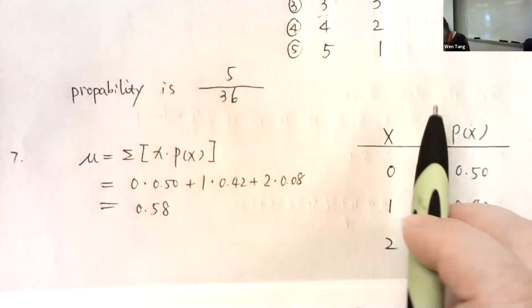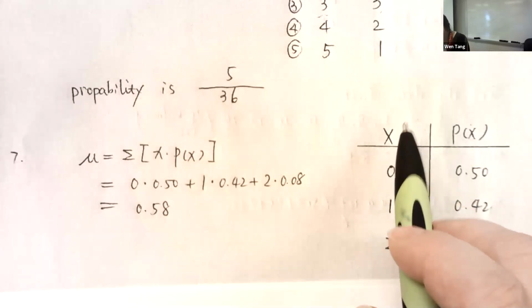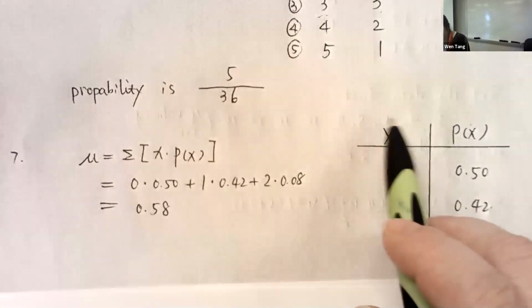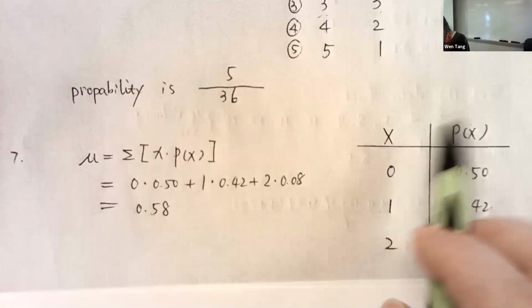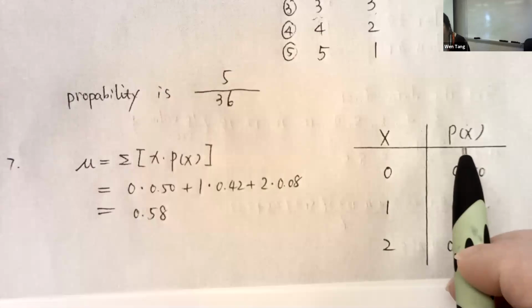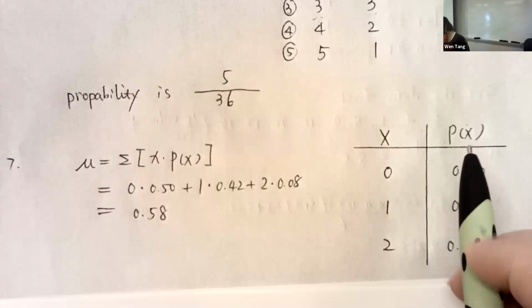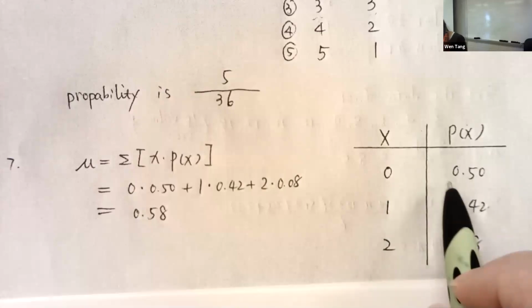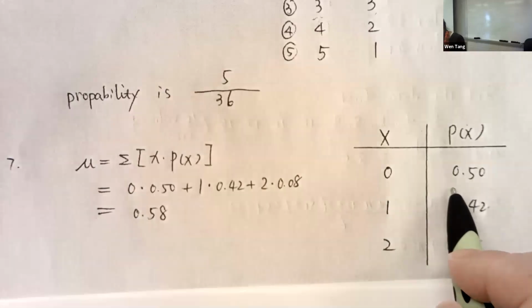Do you still remember the probability distribution? We have one column called X value, the different values for the variable X. Then another column is called probability. That's why we call it probability distribution. For each X value, we have a probability.